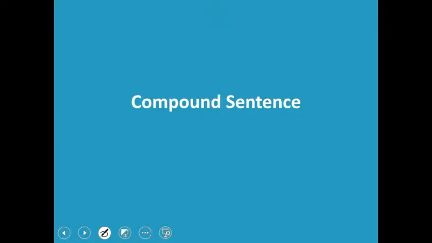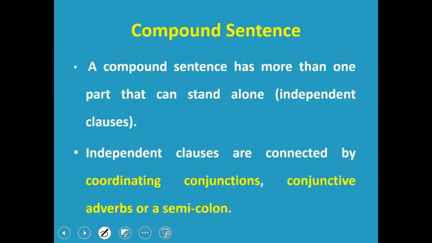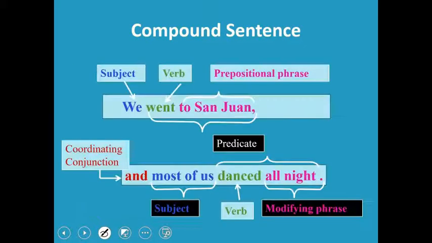For example, a compound sentence has more than one part that can stand alone, more than one independent clause. It's like we take two simple sentences and put them together with a coordinating conjunction, conjunctive adverbs, or a semicolon. So let's see an example. We went to San Juan and most of us danced all night.